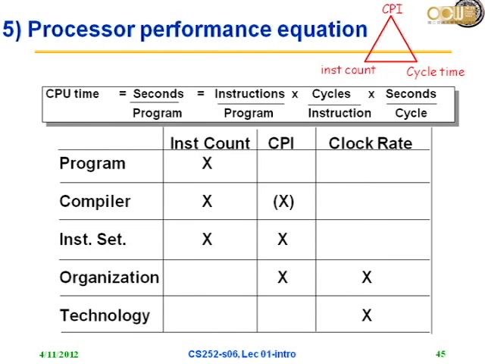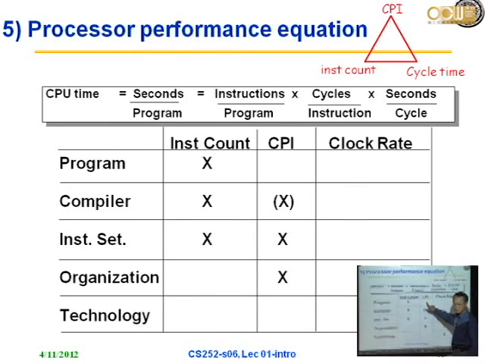Yes or no? Sure. If the compiler can do something about this, then my program can do something about that too. Okay. Can the compiler help the clock rate? Maybe not. Instruction set, can the instruction set help the clock rate?